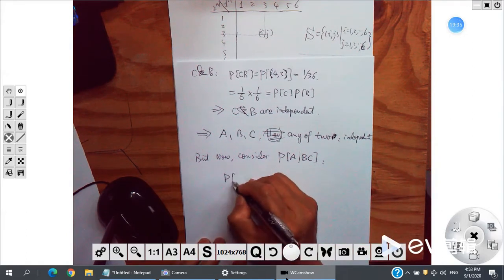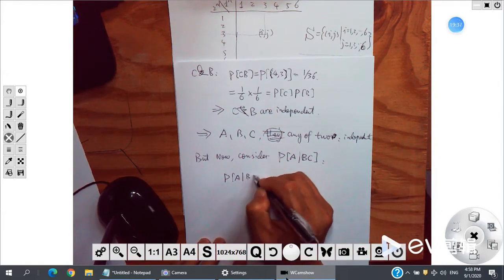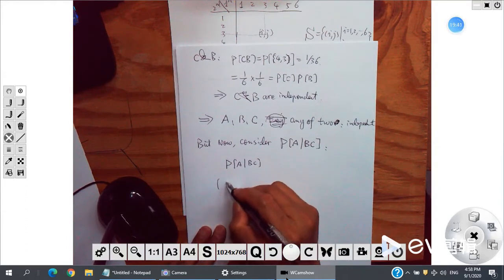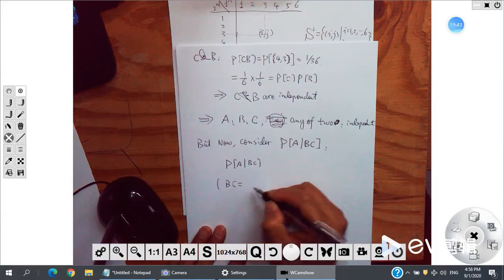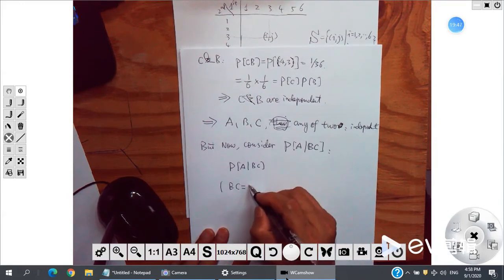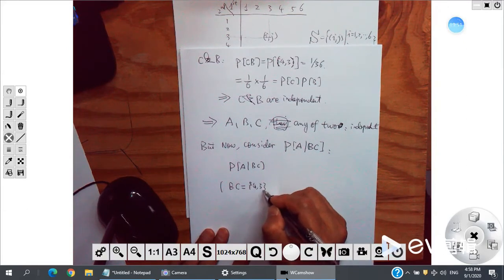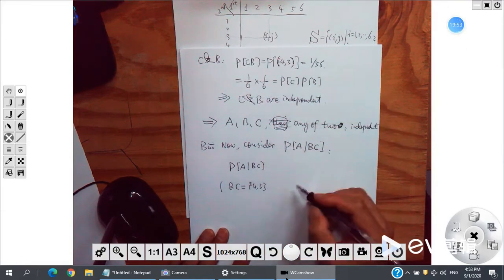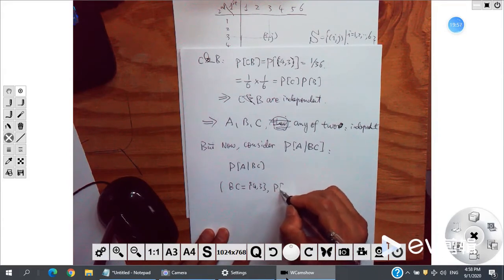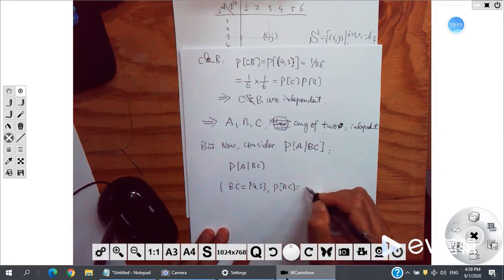P of A given BC equals, firstly we should know what is BC. BC is the intersection, it's just this one, right? BC is just CB. So it is just 4 and 3, I is 4 and J is 3. And the probability of BC is 1 over 36.